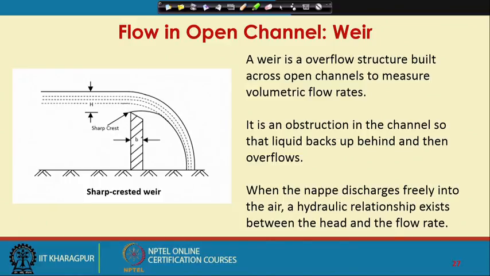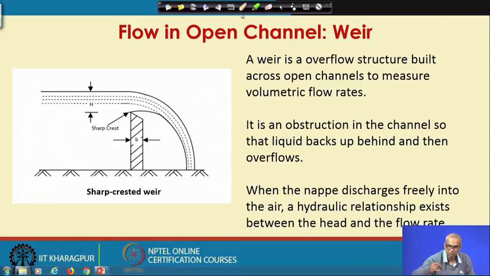Basically, it is an obstruction in the channel so that liquid backs up behind and then overflows. When the nappe discharges freely into the air, a hydraulic relationship exists between the head and the flow rate. So, that helps me to find out the flow rate. This is the nappe.